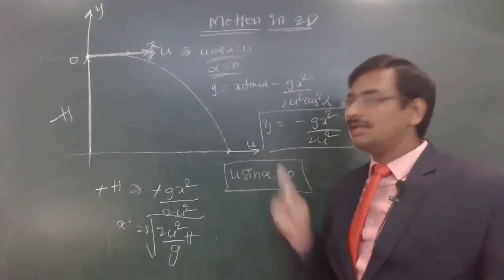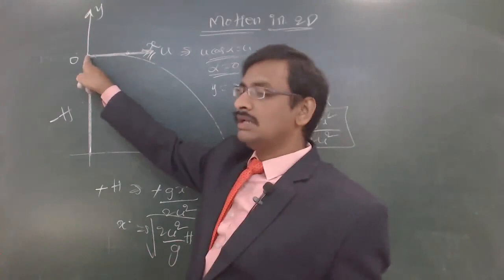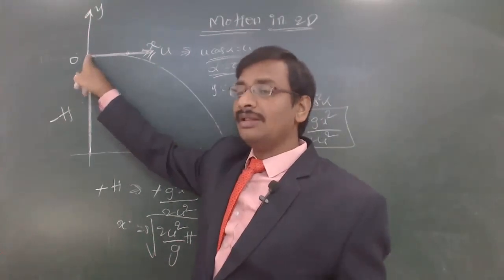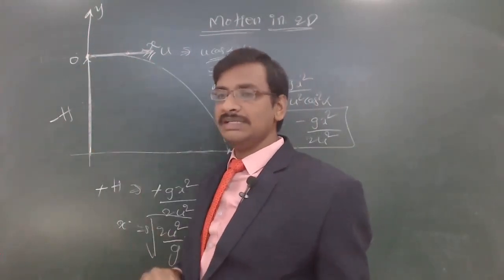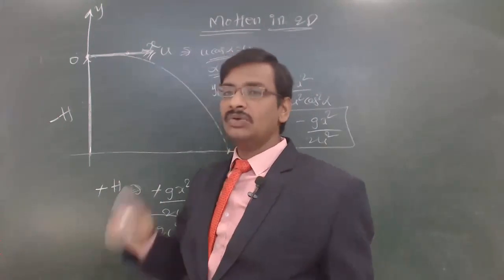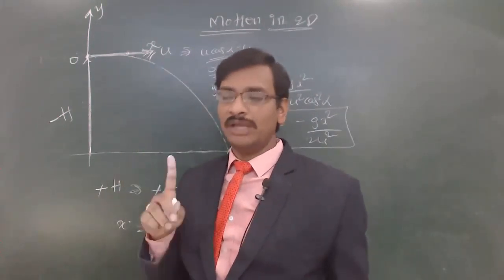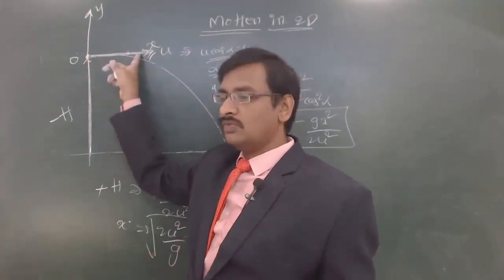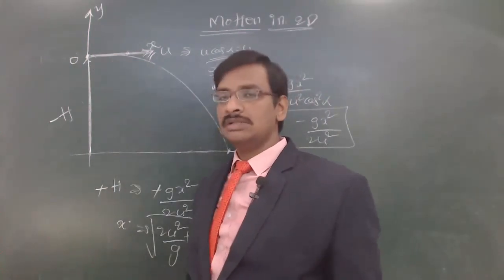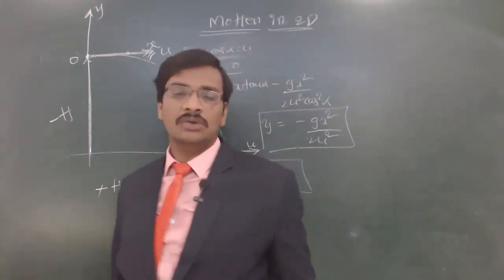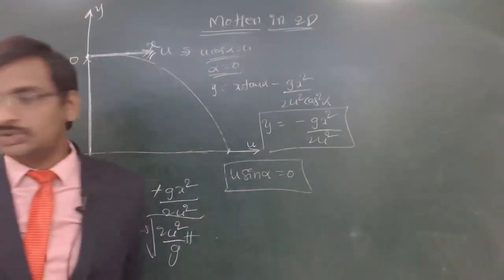The key point here is, this is where we projected, so there you need to consider the origin. That is the fundamental rule. And the angle you have to consider only with respect to the x-axis, from the place where we have considered the coordinate axis. These are the rules. The rest of the things are just analysis depending upon the situation.